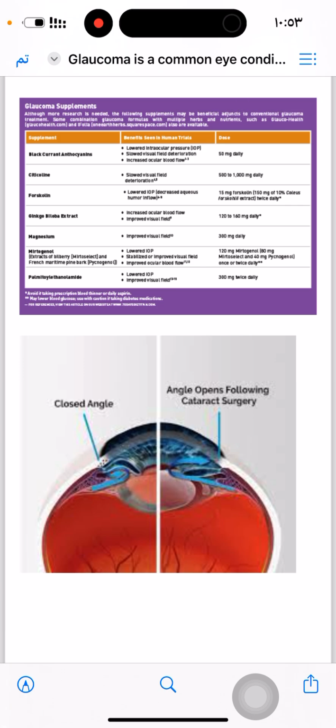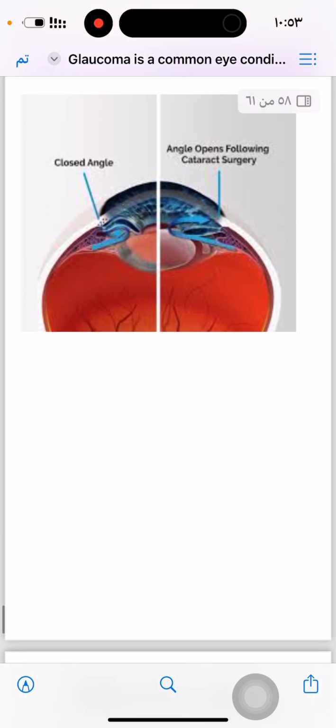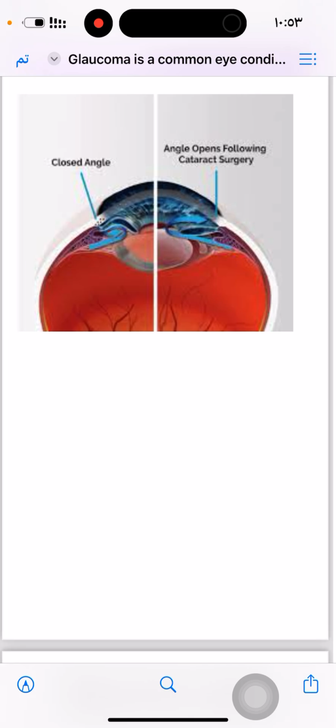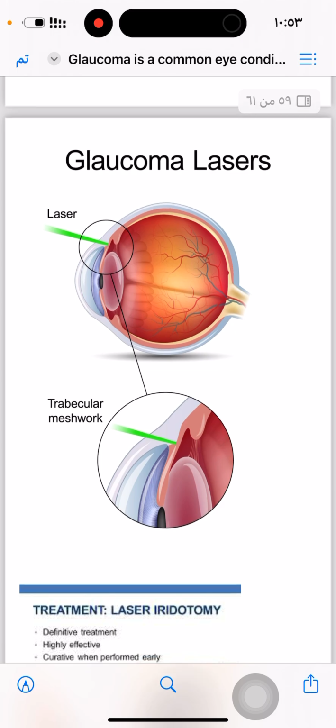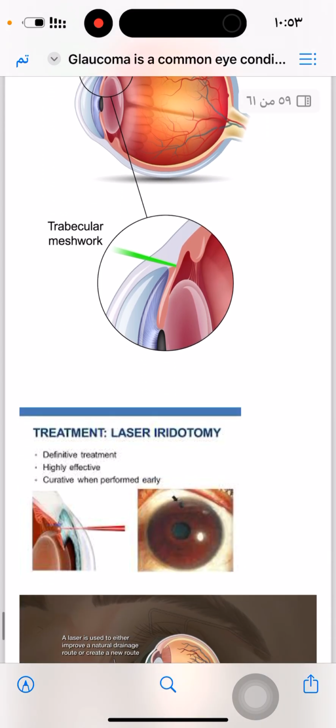But in surgery, as we see in development, we must open a way for drainage of aqueous humor by surgery. Or by laser, we affect the trabecular network.